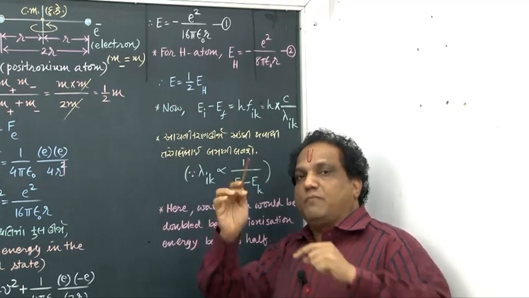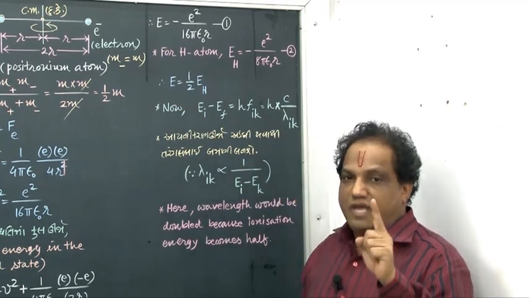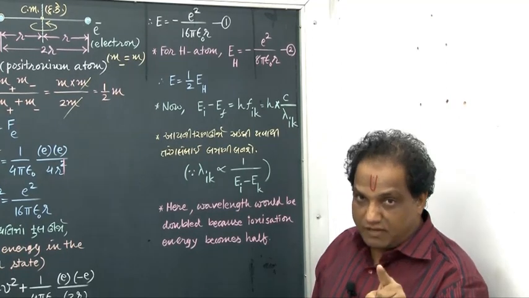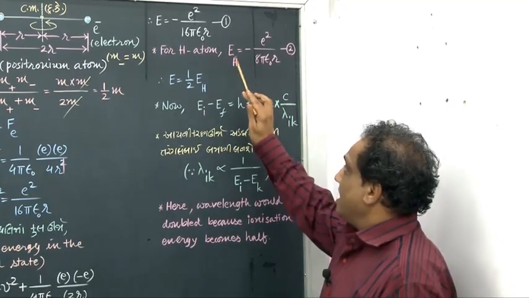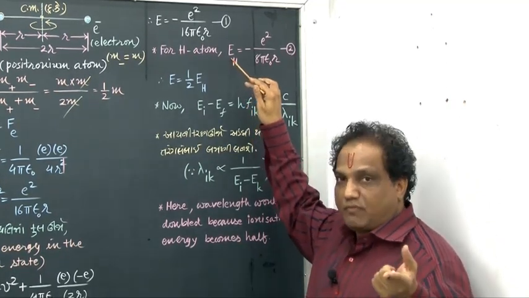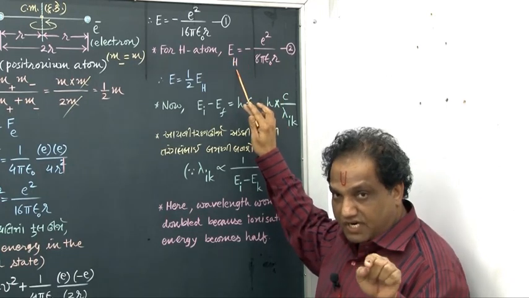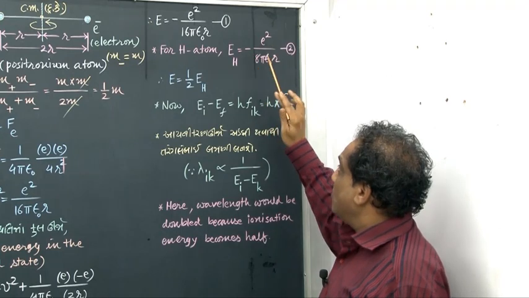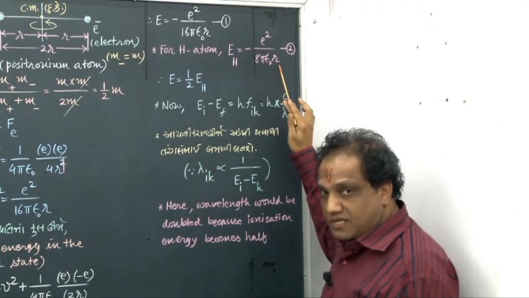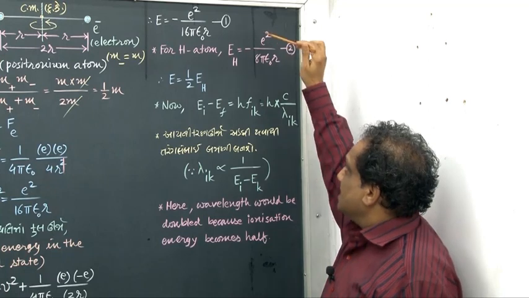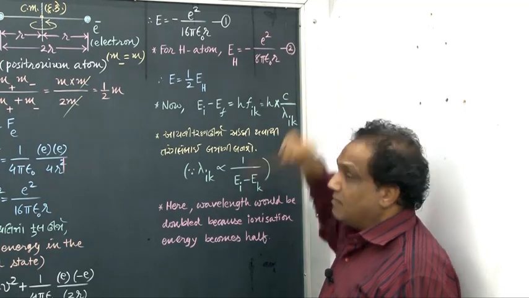Let it be equation number 1. This is the total energy of the positronium atom in the ground state. And now we are supposed to compare that energy with the energy of a hydrogen atom in the ground state. In Bohr's atomic model we had obtained the total energy of hydrogen atom in the ground state as minus E square upon 8 pi epsilon 0 r. Give it equation number 2. Just multiply this right hand side by 1 by 2.